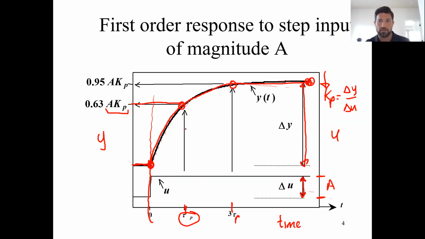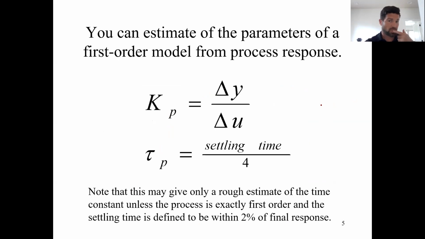That would give us a pretty good representation of the response of the process. Now, every first order process is going to respond this way, but most processes are not ideal first order processes. So that's the response for a first order process to a step change.